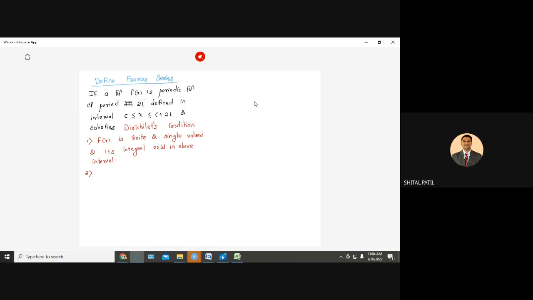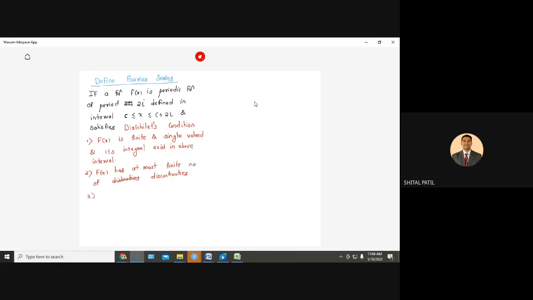Second, f of x has at most a finite number of discontinuities. So the function is not continuous everywhere. Finite number of discontinuities.